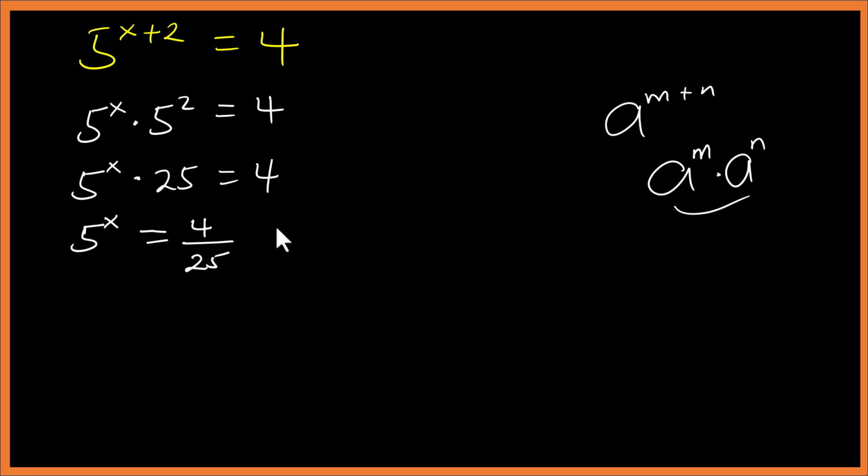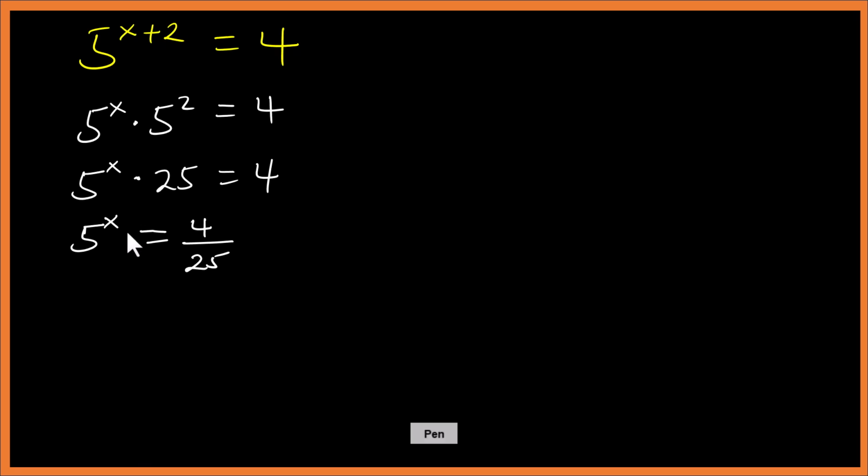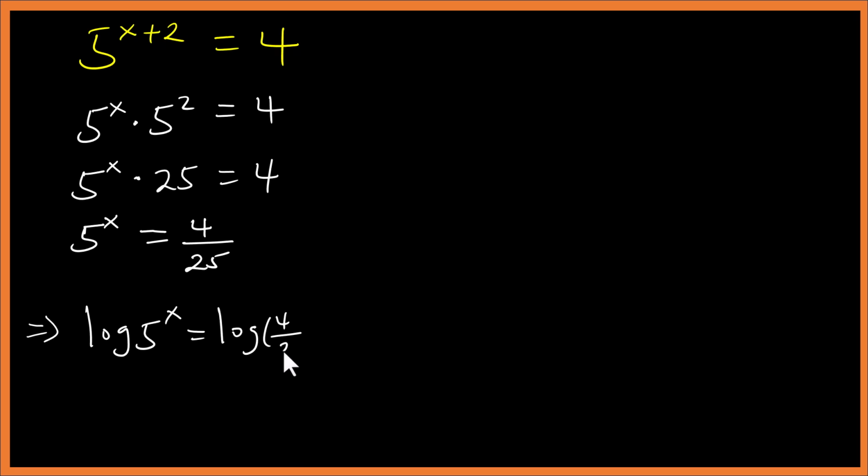So we have no option but to take log on both sides. Anytime you want to bring a power down, you have to take log on both sides. So you have log 5 raised to x equals log 4 on 25.